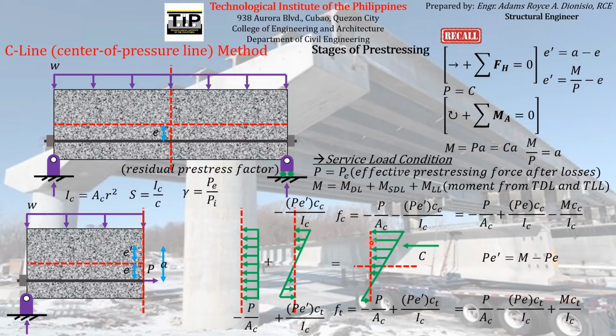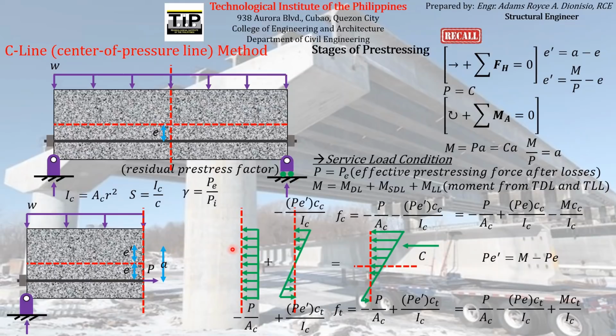If you get the resultant of these stresses acting on the concrete element, you can see that the total of these stresses is actually a single force C, which is the total compressive force that we are talking about here.